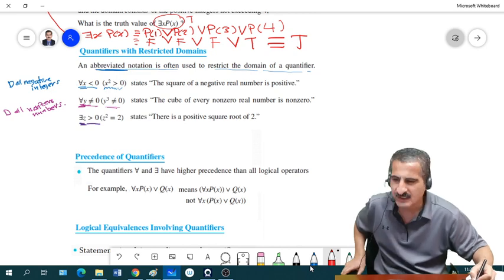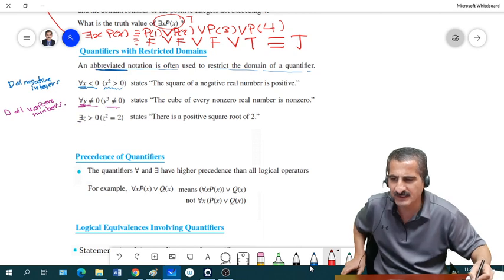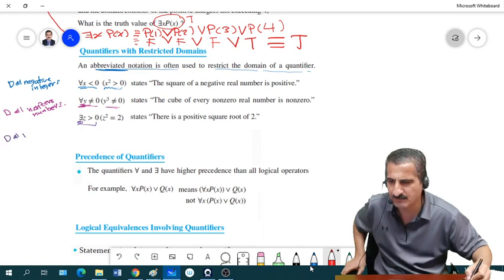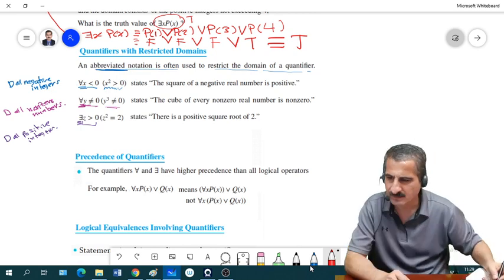There exists z. There exists some integer z greater than 0 whose square is 2. So the domain here is all positive integers. There exists an integer from that domain, a positive integer, such that z squared equals 2. Okay, so these are abbreviations.